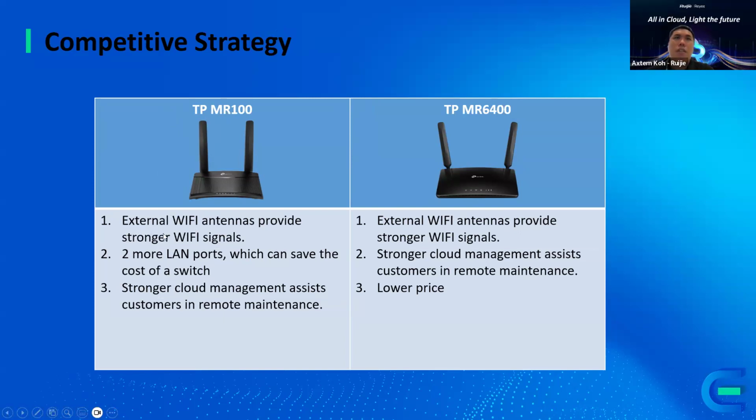We have external extra Wi-Fi antennas providing a strong Wi-Fi signal, and we have 2 more ports, which can help you save the cost of switches, and we have a strong cloud managed platform given to the customer for a lifetime. And for the MR6400 model, the selling points compared with them are the external Wi-Fi antennas: we have 4 external Wi-Fi antennas, strong cloud management, and even a lower price compared with the MR6400.